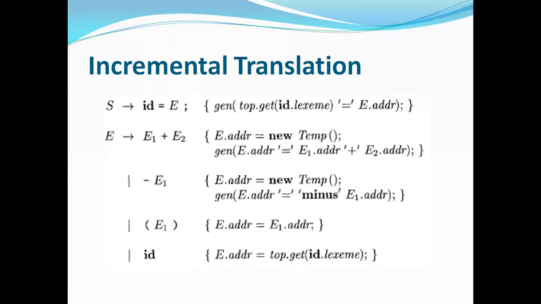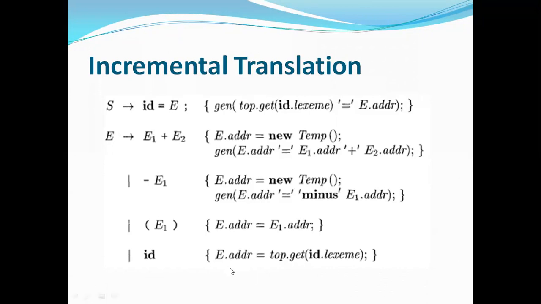But here we didn't use any function like append. And id.lexeme looks up the entry for id.name in the symbol table if it exists there. If not, it's just a lexeme.